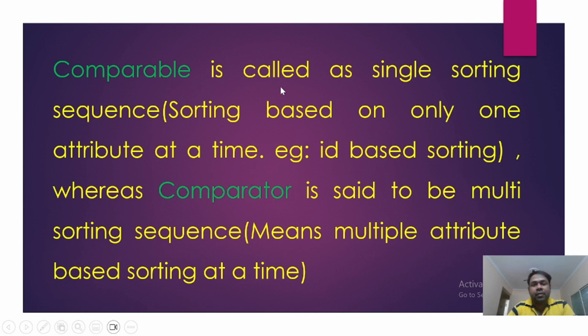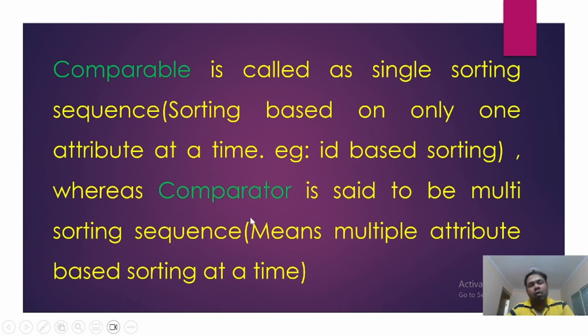Comparable is the interface which is called a single sorting sequence. I mean to say, for example, a student has ID, name, marks, or an employee has ID, name, salary. If you want to go with only ID based sorting, or only name based sorting, or only marks or salary based sorting, then you can go for the Comparable interface.